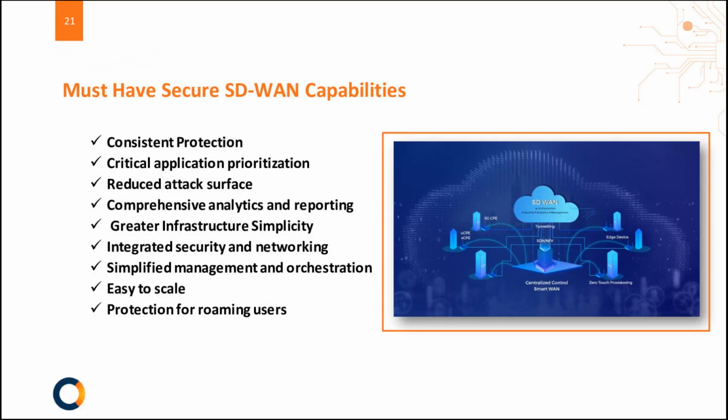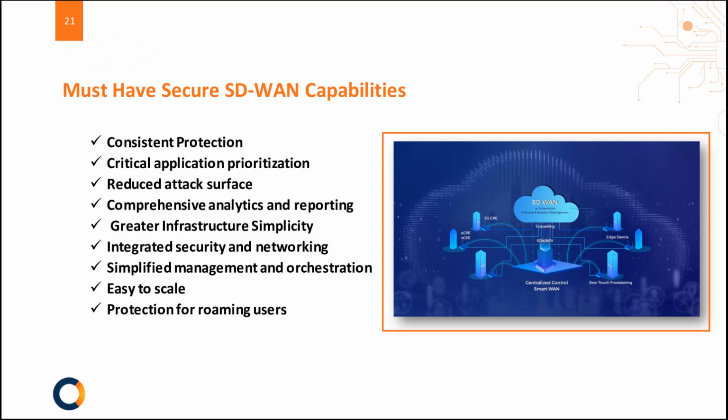What are the must-have secure SD-WAN capabilities? If you're going for an SD-WAN solution, you should see consistent protection. It should have critical application prioritization for your business critical applications. It should have the capability to reduce the network attack surface.